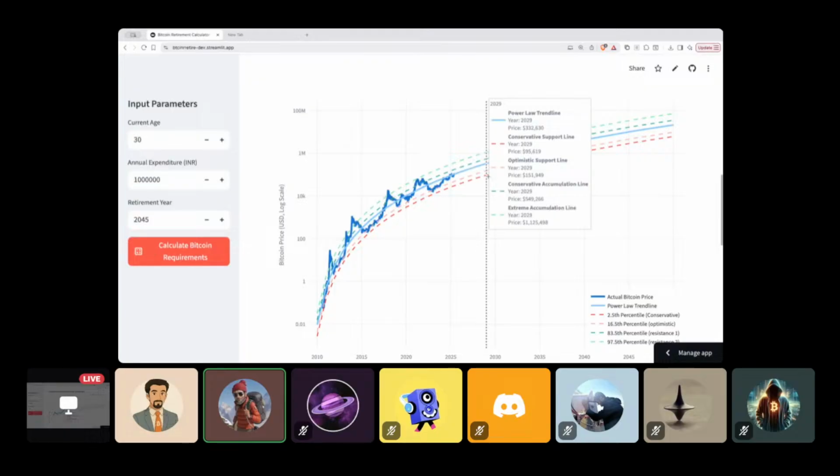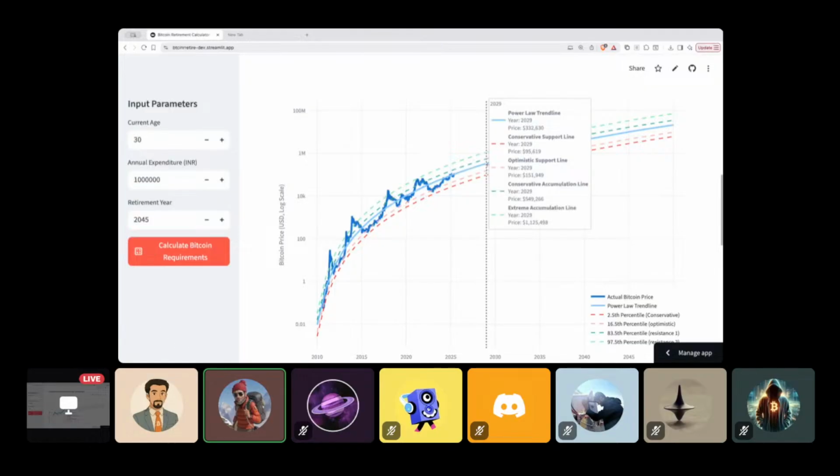So since its genesis, the price has been above this line 97.5% of the time. This is the 2.5th percentile line, and similarly you can plot other lines. The light red one here is the 16.5th percentile line, which also means that 83.5% of observations have been above this line.